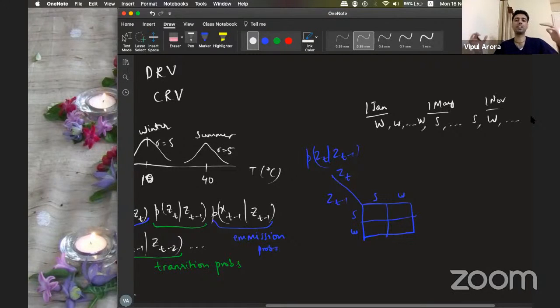From this observation, can you now compute P(Z_t | Z_{t-1})? From these observations, can you compute? Let me see who computes. Just an anonymous exam. I just want to see if you are able to think.